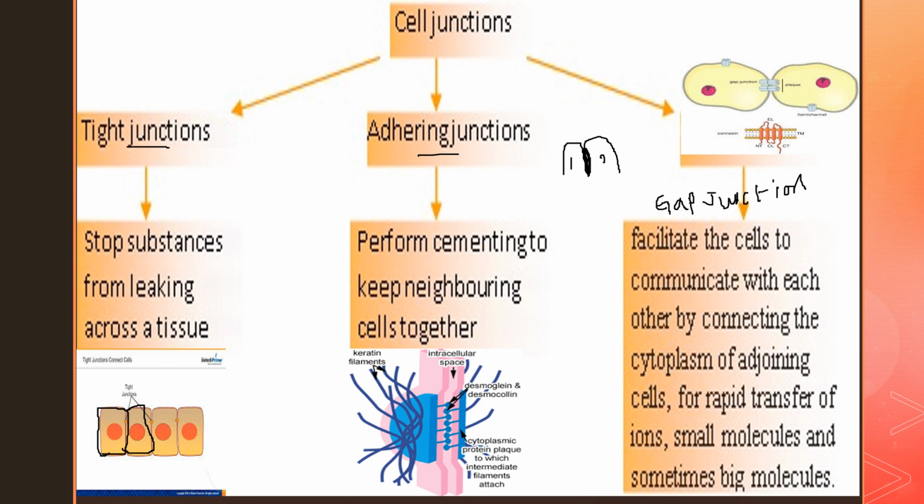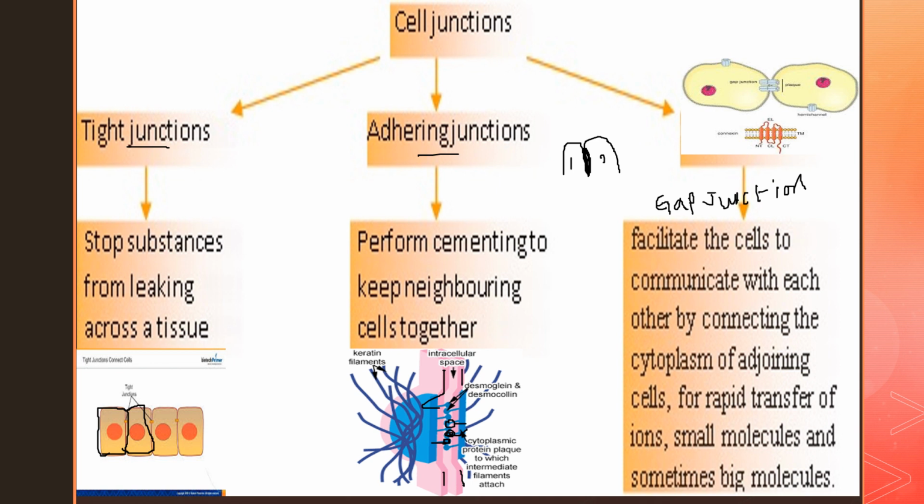If you think of this as one cell and this as another cell, one is attached to the other with the help of rivet-like structures, which are nothing but intermediate filaments made up of a protein called keratin. So these rivets are responsible for adhering one cell to another.